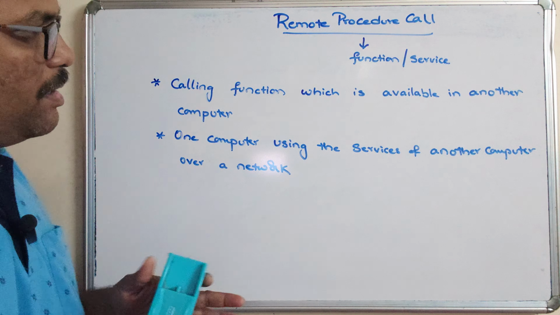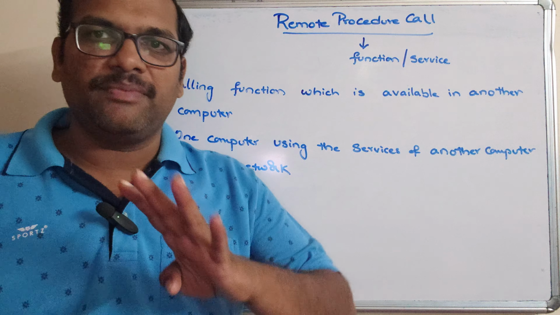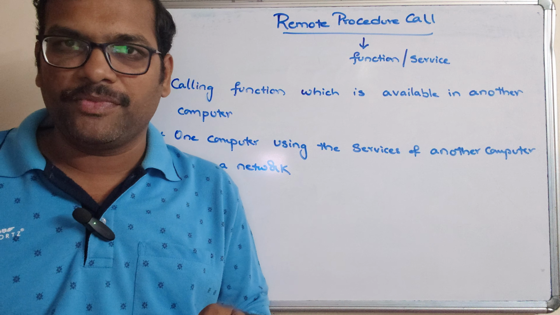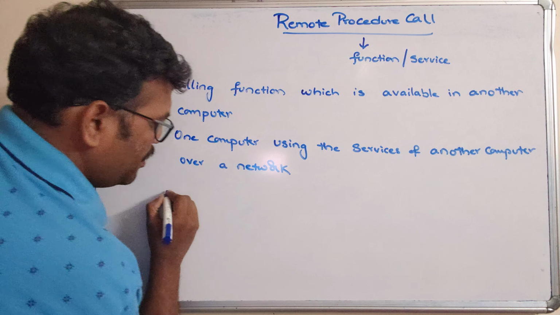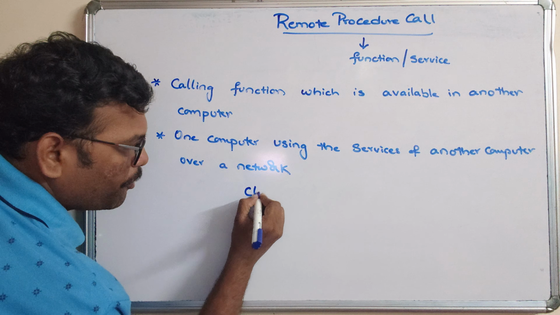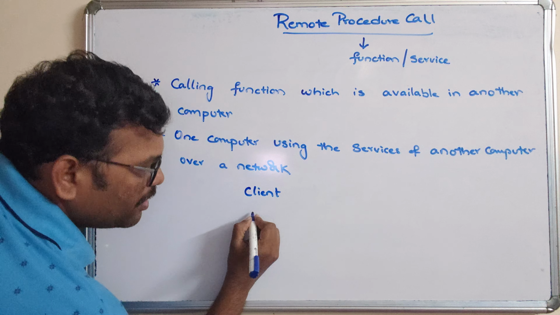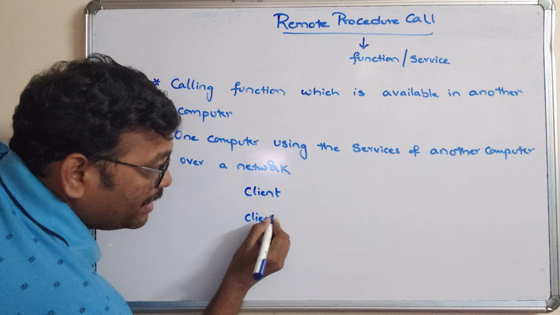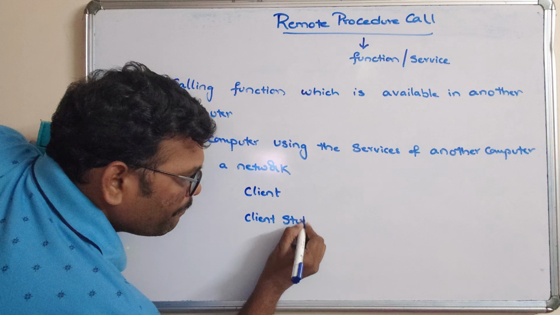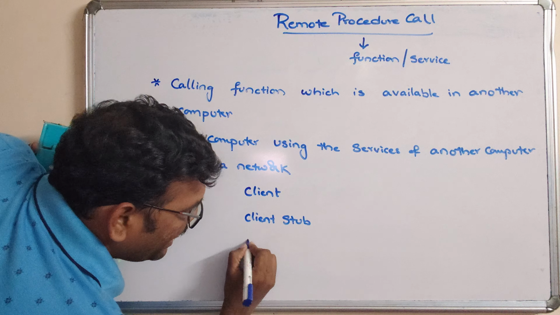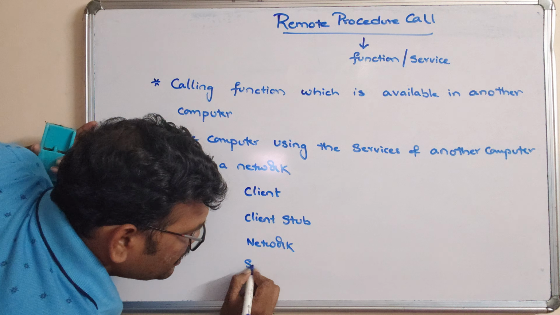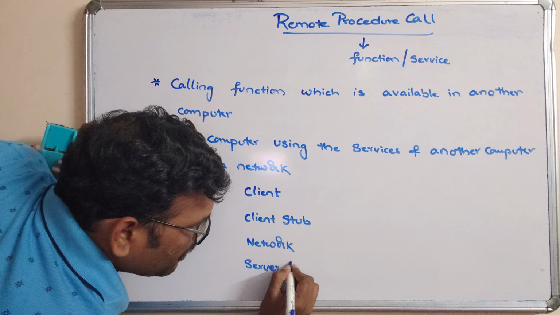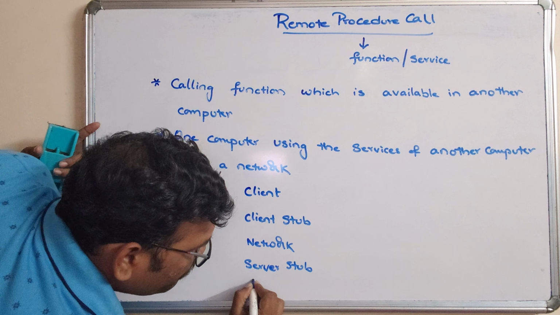Okay. So here mainly it involves some four steps. So let us write those steps. So one is a client program, client stub, network, server stub and server.